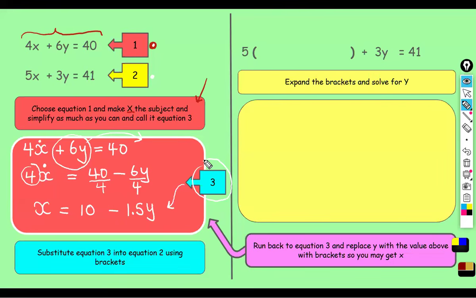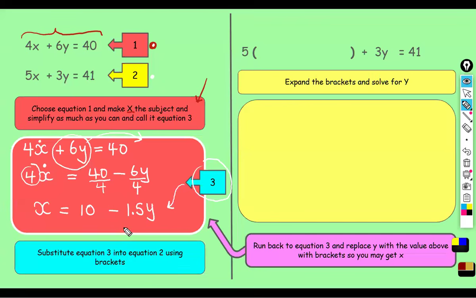Equation 3 is the most important equation. If you make equation 3 wrong, the whole question falls apart. So he's Mr. Important. Label it equation 3. So anytime I say equation 3, I'm talking about x is equal to 10 minus 1.5y.